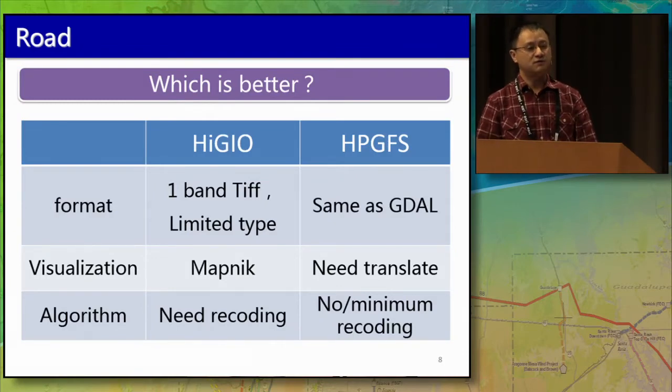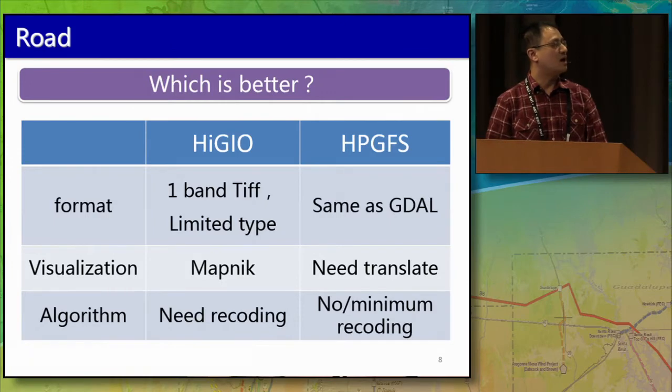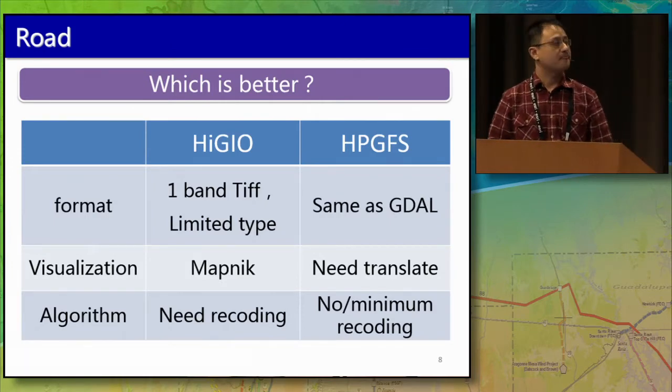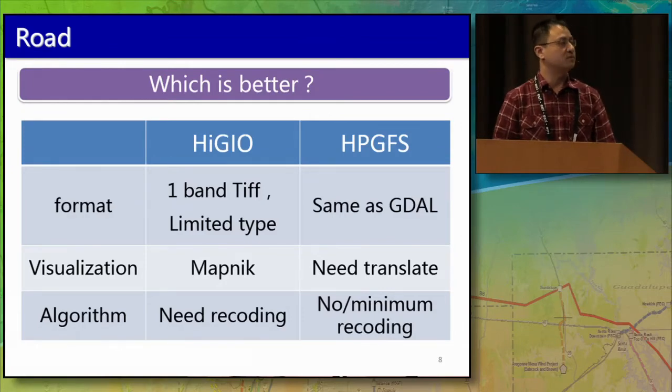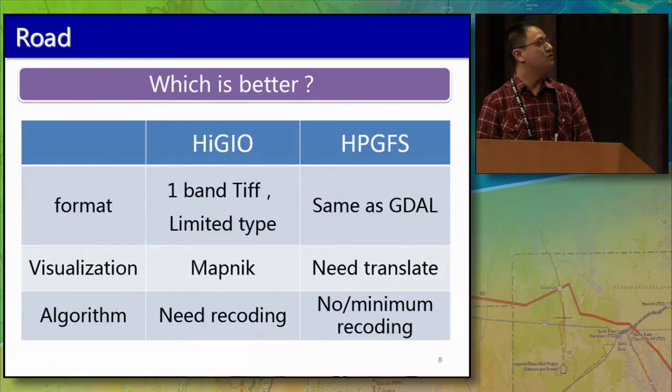And if using HiGeo, the algorithm must be rewritten. Whereas HPGFS has the same interface as GDAL, and the algorithm doesn't need to be rewritten. So the shortcoming of HPGFS is the transform cost.